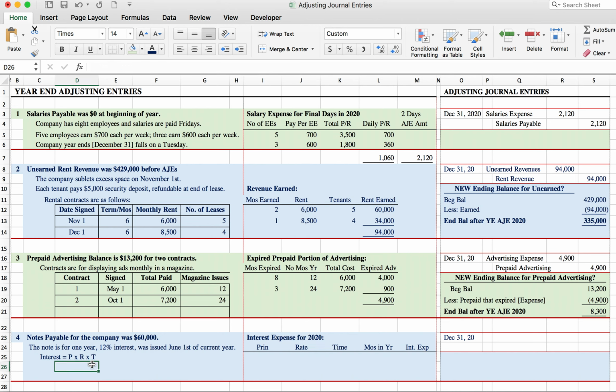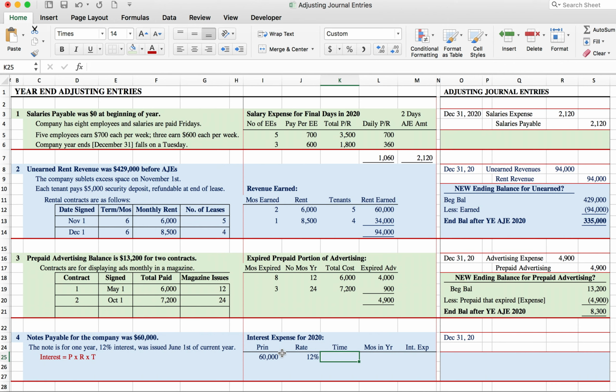The formula for interest is principal times rate times time. I went ahead and identified that for you. So let's go across and calculate it. How much is the principal? It's the amount of the note that was issued, $60,000. What is the interest rate? It's 12%. T represents the time in the year that this note has been held. In order to determine the time, let's look at how many months in the year have expired.